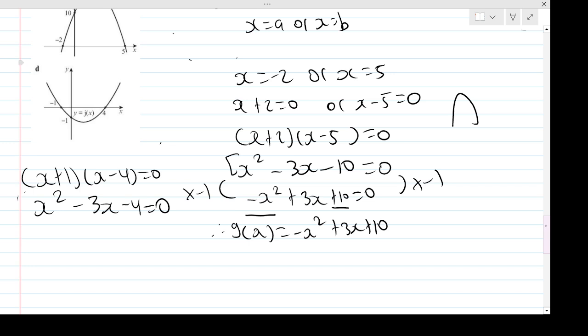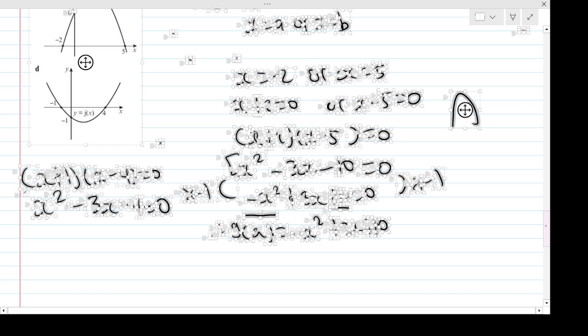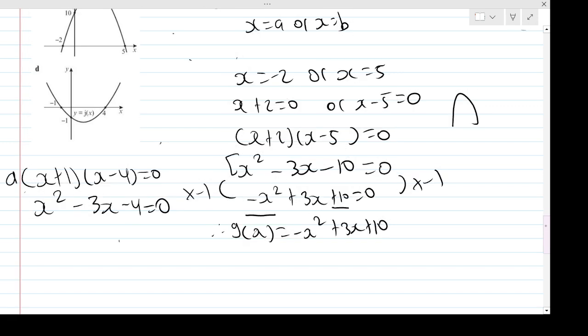Well, why is that? That's because when we are factorizing in the opposite direction, going backwards to get the factors to expand, what you need to account for is the coefficient of x squared, a.